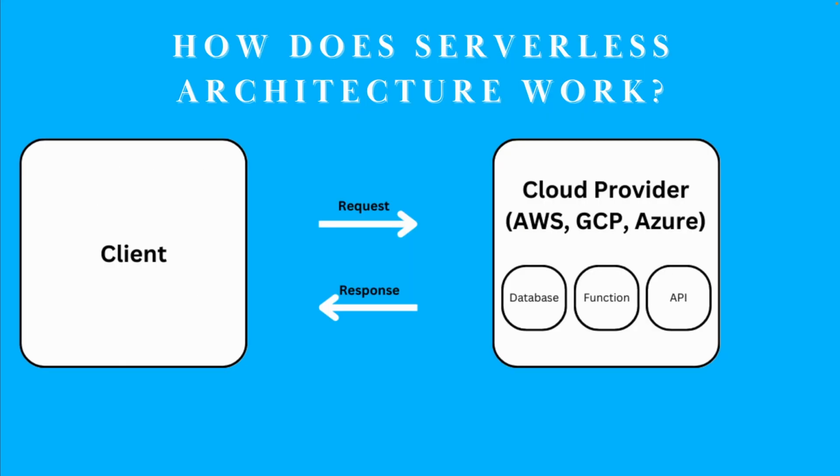So how does serverless architecture work? We talked about it a little bit. Well, this little diagram shows a client sending a request to either a function, which, like I said, we're going to talk about later in the video, or an API that we have stored in the cloud provider. But let's bring it back a little bit, right? A server allows a user to communicate with an application and access its business logic. That's the whole premise of it, right?